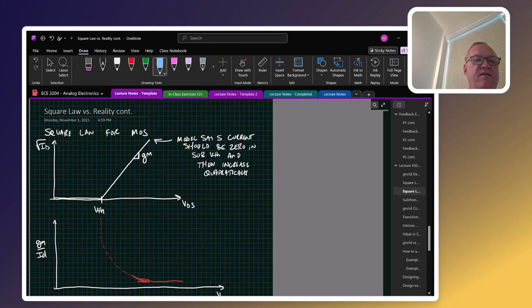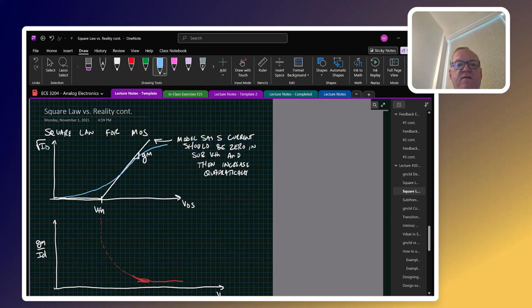Now, the reality of this is that the current does something more like this. We have some current in subthreshold, and then the current will start to saturate for high values of VGS. So the current does exist in the subthreshold region below VTH, and then it does saturate as VGS increases.